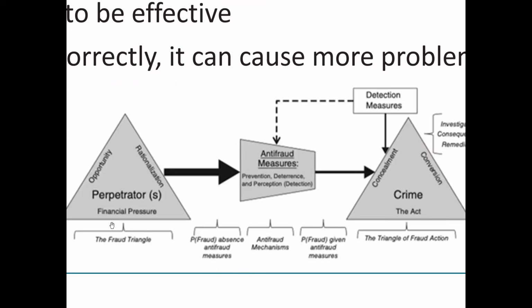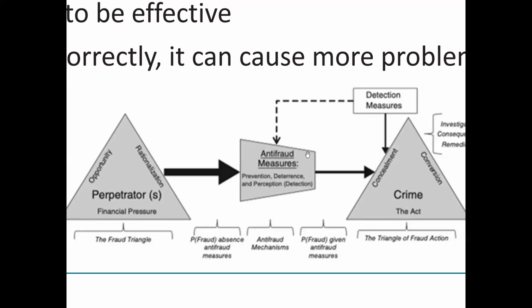And we have this little model here. We have the fraud triangle over here, and then we have the act over here: the crime, the act, the concealment, the conversion, the actual crime that takes place. In between our fraud triangle, which is what's going on inside that individual, and actually committing that fraud, we know that different people put in the same circumstances wouldn't necessarily commit that act.